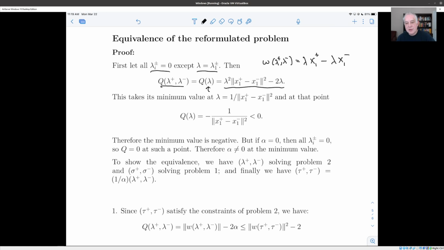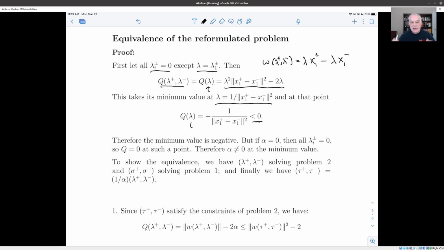And when you take the norm, you can pull out a lambda squared. And if you do a little calculus and you take the derivative and you set it equal to 0, you find that the minimum value occurs here at 1 over the distance squared. And if you plug that lambda in, you find that q takes a negative value at that minimum point.